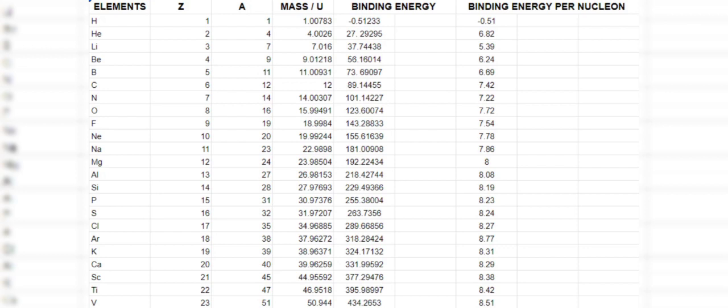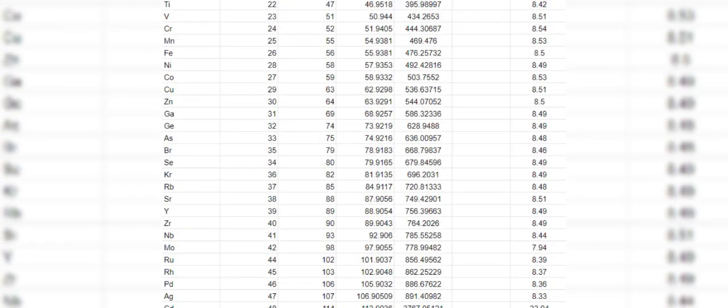While on the other hand, binding energy starts with negative. So if you notice, H became negative in binding energy.